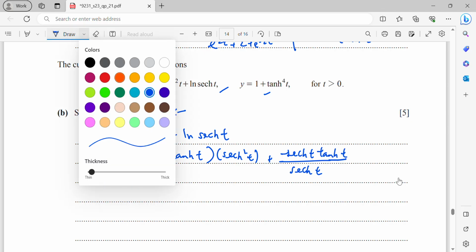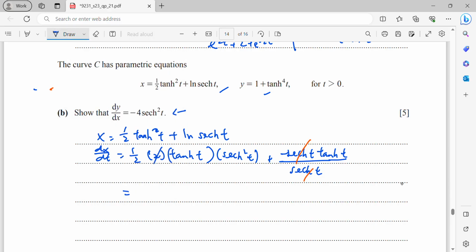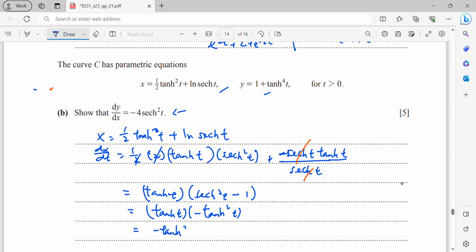So from here, the secant t will be cancelled off. Alright, then you will get the 2 also, the half cancels off. Then you will get tangent t in common. Then I will get secant squared t plus 1. Oh sorry, there is a negative here. So it should be negative 1. Alright, then I will get tangent t times negative tangent squared t.